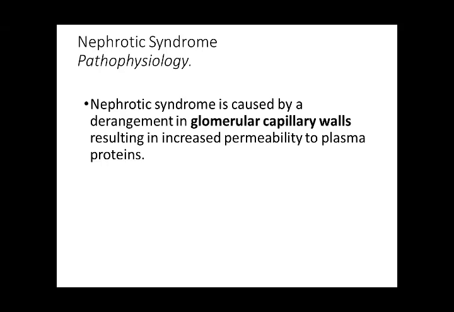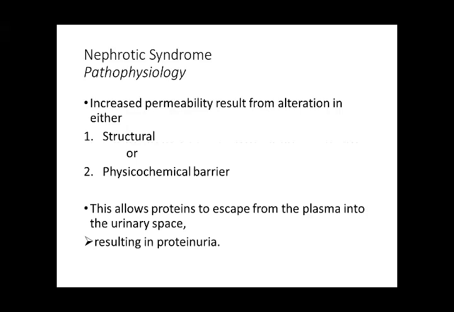Fenestra size is 7 to 100 nanometers, right? You remember since yesterday. Increased permeability results from alteration in either structure or physiochemical barriers. Structure is the size of the pores and damage to the endothelium, and the physiochemical barrier is the charges that are lost. This allows proteins to escape.